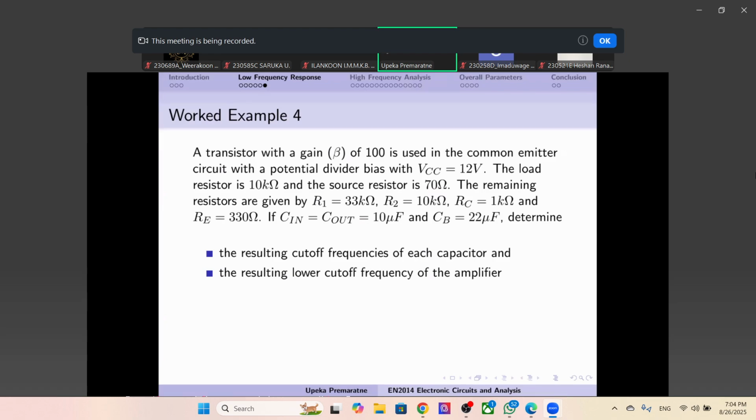Now we will look at the low pass cutoff frequencies of the amplifier that occur due to the parasitic capacitors, or in other words, the high frequency analysis of the amplifier.